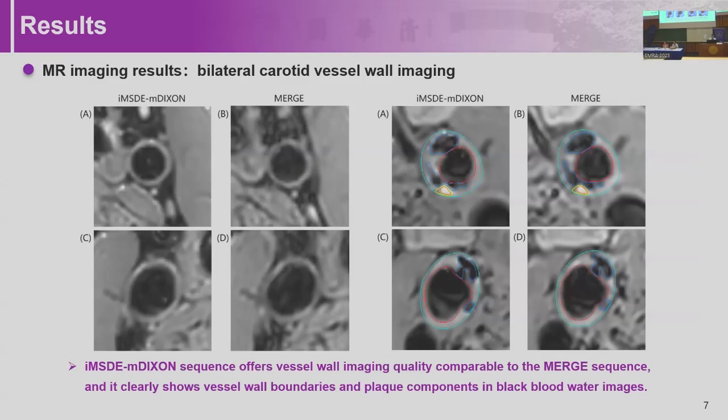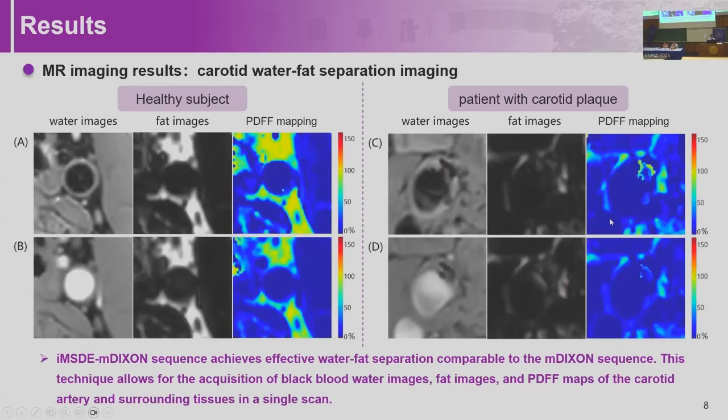As shown in the figures, for the bilateral carotid vessel imaging, our new sequence offers vessel imaging quality comparable to the MERGE sequence, and it clearly shows vessel wall boundaries and plaque components in the black blood water images.